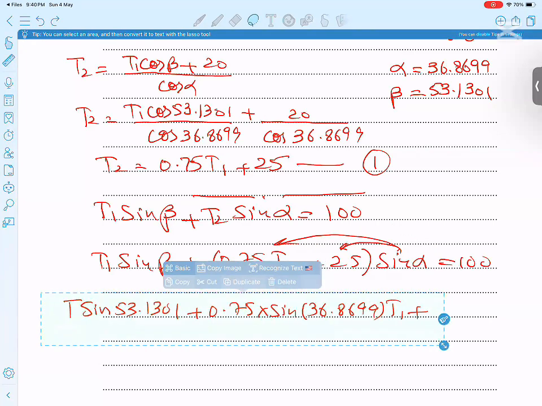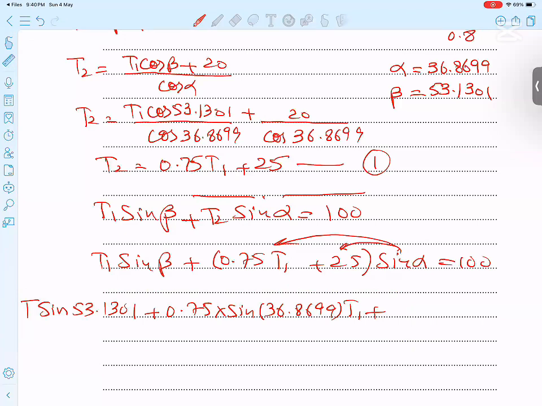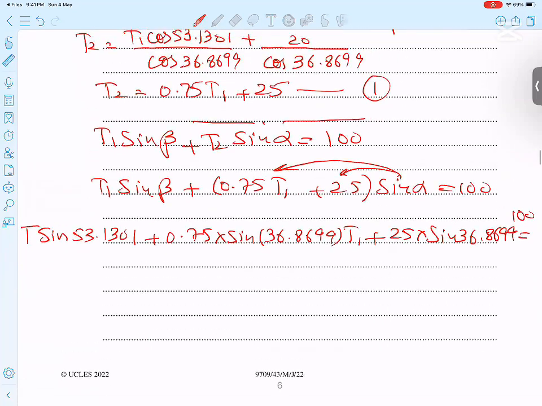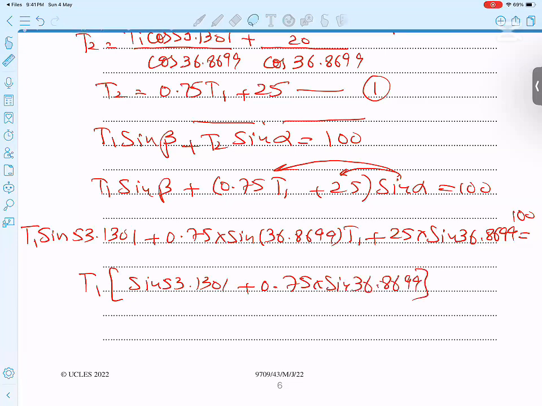So now I just drag it back. 25 times sin alpha, 36.8699, equals 100. Now, students, we have two T1s. I will take T1 common out, and what is in the bracket? This will stay behind, and this completely will stay behind in a bracket: sin 53.1301 plus 0.75 into sin 36.8699. Okay, this is done.